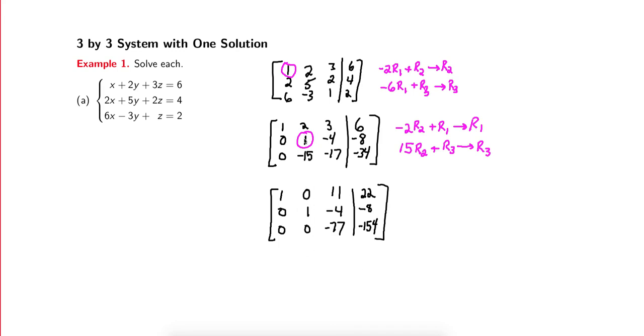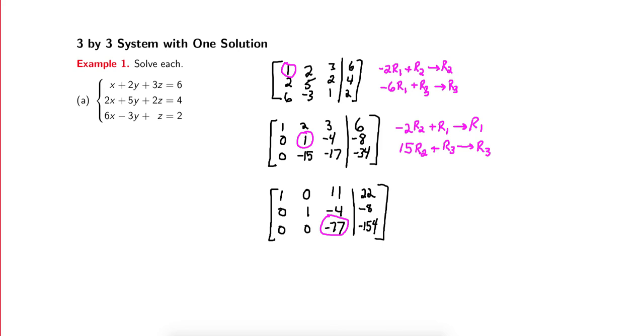All right, now that we worked on the second row, second column, we can work on the third row, third column. So we can get this value here. Now, this time it's not equal to 1. So if we divide the third row by negative 77 or multiply the third row by 1 over negative 77, either one's fine for me. I'm not going to be picky. But that should give us a 1 here.